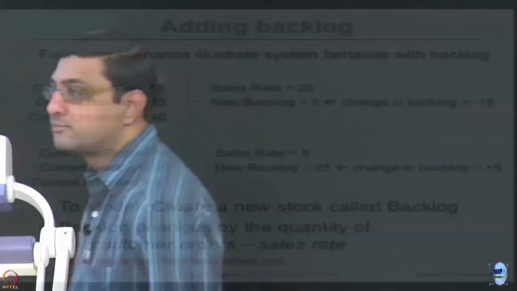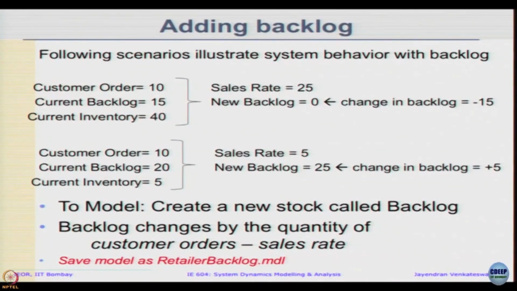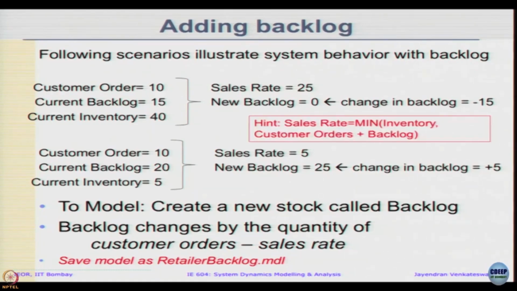Just incorporate that, then you can adjust it for units error. Basically, this is what you want to do: sales rate is minimum of inventory and customer orders plus backlog. But if you do this, there is a units error mismatch. So, that you fix it. Instead of inventory, what did you use?